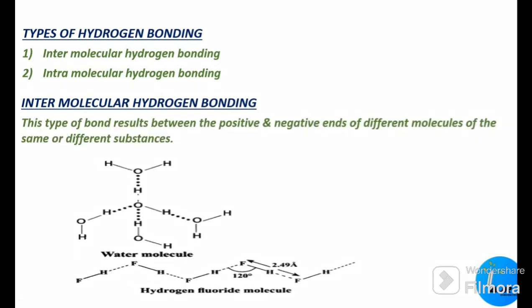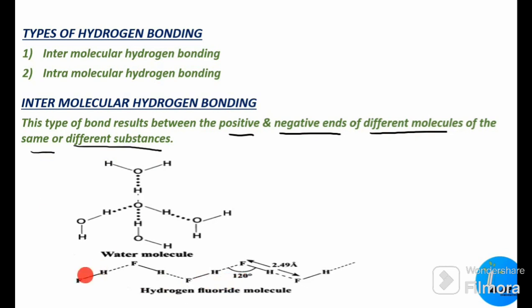Actually, this type of bond results between positive and negative ends of different molecules of the same or different substances. Can you understand? So this type of hydrogen bonding exists between the positive and the negative ends of different molecules of the same or different substances. Let me explain with the example of hydrogen fluoride.